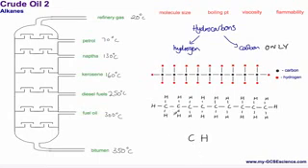So we've got, in this example, 1, 2, 3, 4, 5, 6, 7, 8, 9 carbon, and 1, 2, 3, 4, 5, 6, 7, 8, 9, 10, 11, 12, 13, 14, 15, 16, 17, 18, 19, 20 hydrogen atoms. So the formula for this hydrocarbon is C9H20.